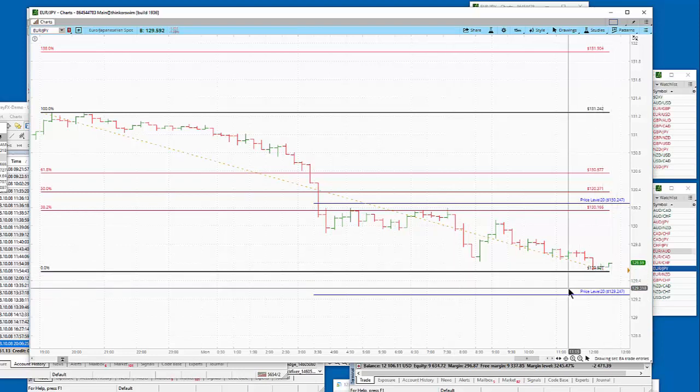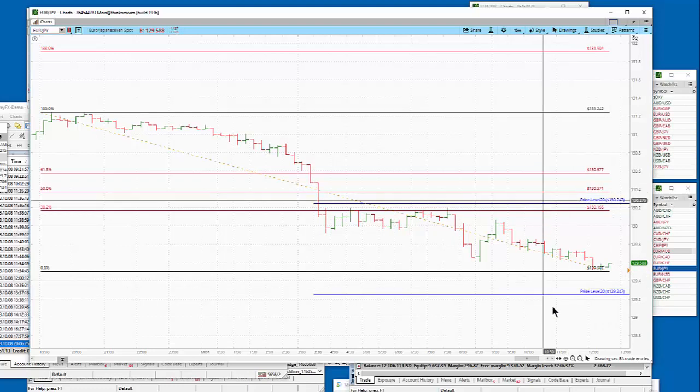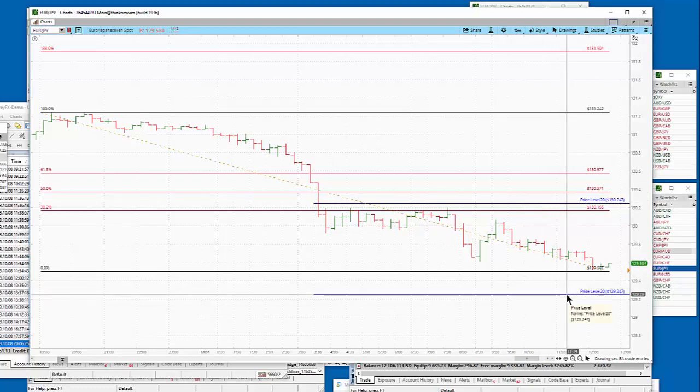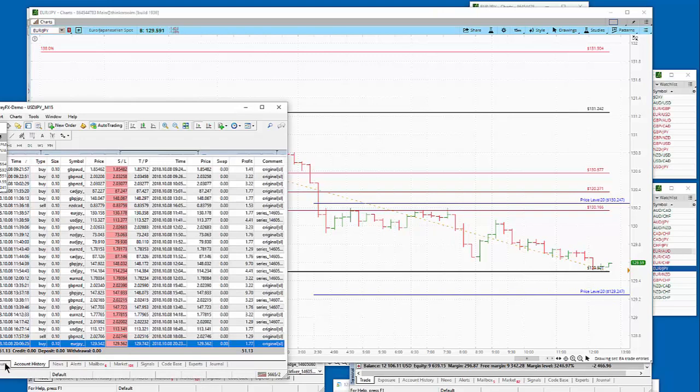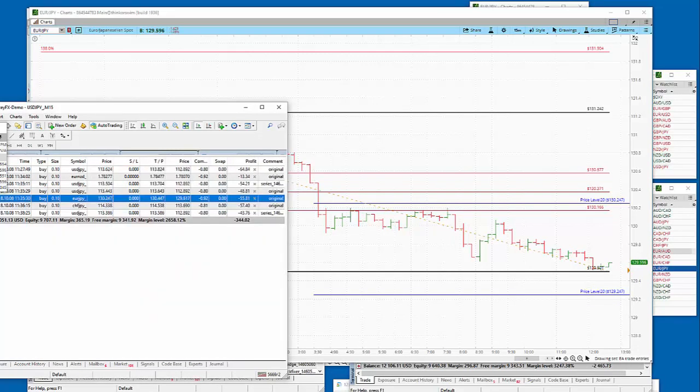So we do know that if our trade gets 100 pips ugly, then it will pick up a hedge, and then we'll have to deal with it. Instead of being, let's go back to the trades so you can see it, instead of being a trade that is right now 55 pips ugly, then this trade would be 100 pips ugly, but at least we know the downside risk in the trade, right?